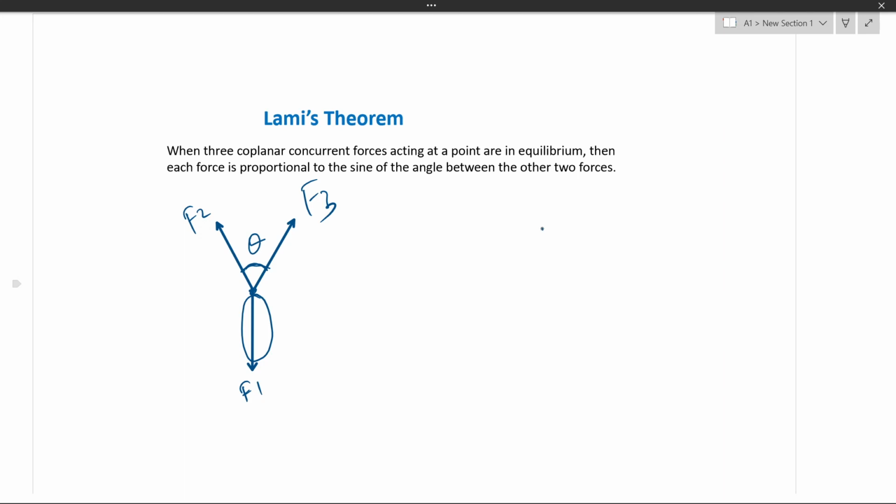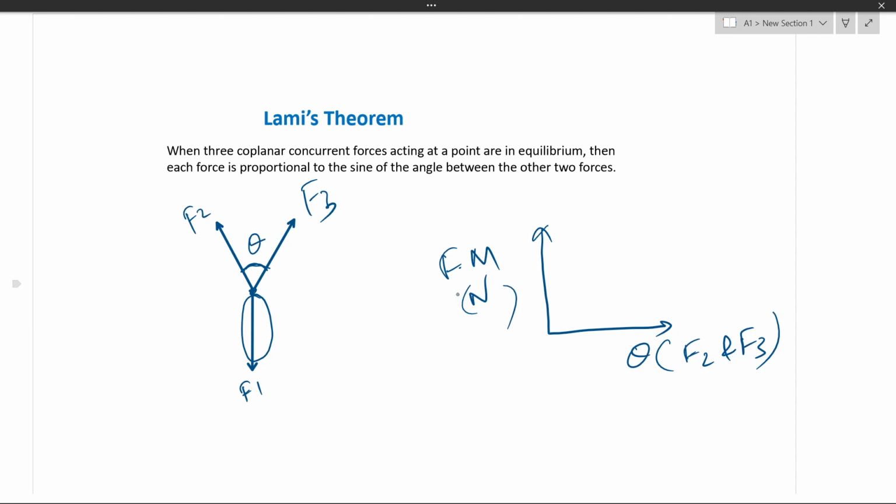How the force magnitude varies: consider this is the force magnitude in Newton, and this is the angle between F2 and F3, and this is the magnitude of force F1. It gradually increases up to 90 degrees, which means as the angle is increased from 1 to 90 degrees, the magnitude of F1 keeps increasing.